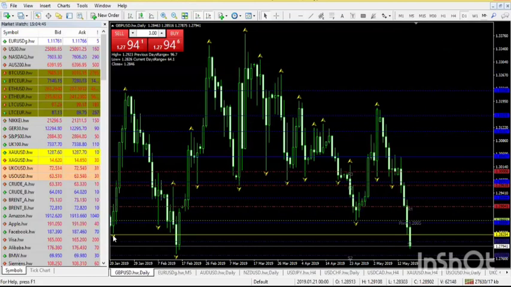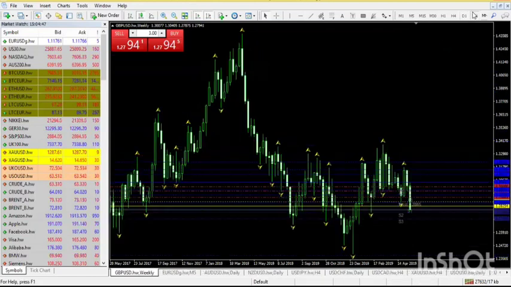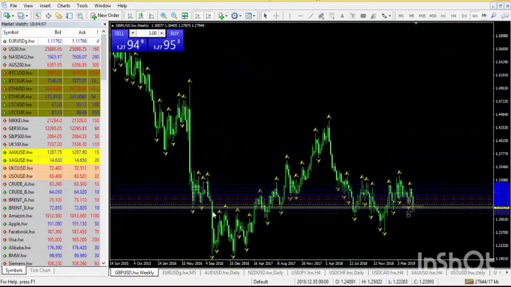You have pivots here. Yes, we have pivots. A swing low pivot right there. You've had pivots here, and they were powerful pivots too.